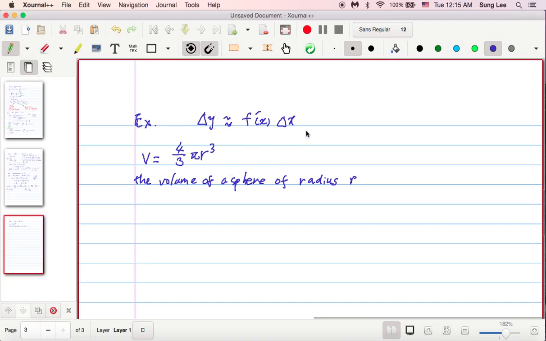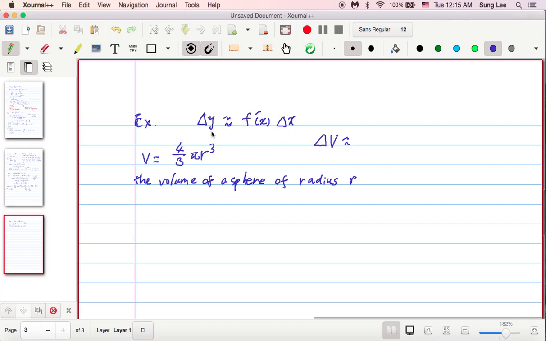And here, delta V is approximated by this formula here.